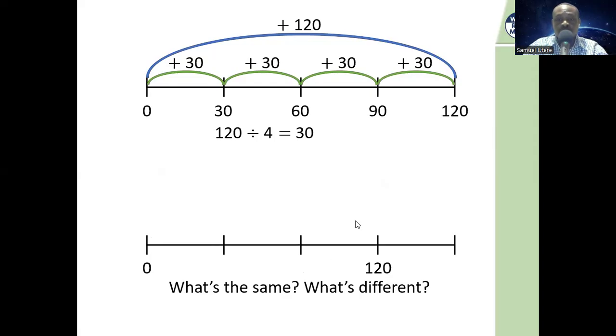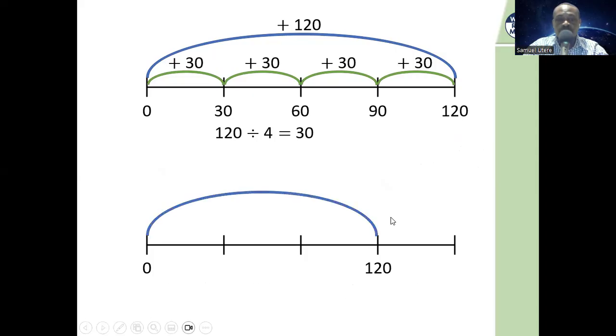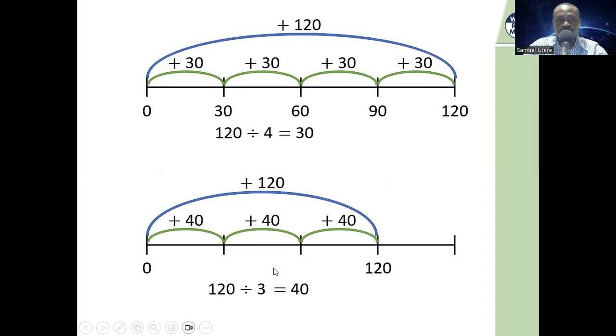So we know that the difference is 120. And then we need to divide by the number of intervals, which is 3. So we know that this is different because each interval is worth 40. So that will be 40. And then the next one will be 80. And then we shouldn't forget to complete the last one, which should be 160.